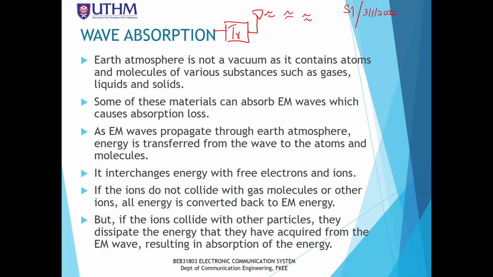So what happens is that some or all of the energy of the waves will be absorbed. The wave is going to be attenuated as it travels through the medium.